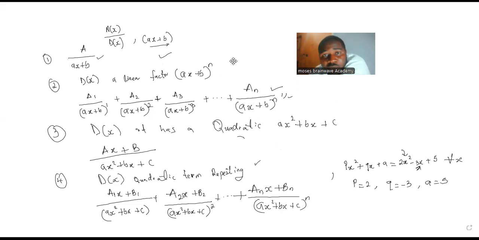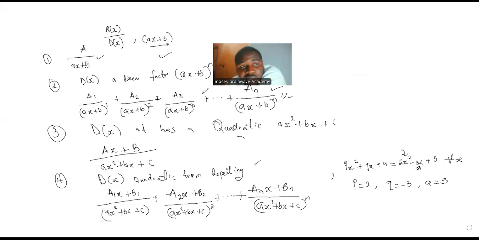So let's try one simpler example before we call it a day in this video. And the example is: you have 7x minus 25 upon x minus 3, then into x minus 4.